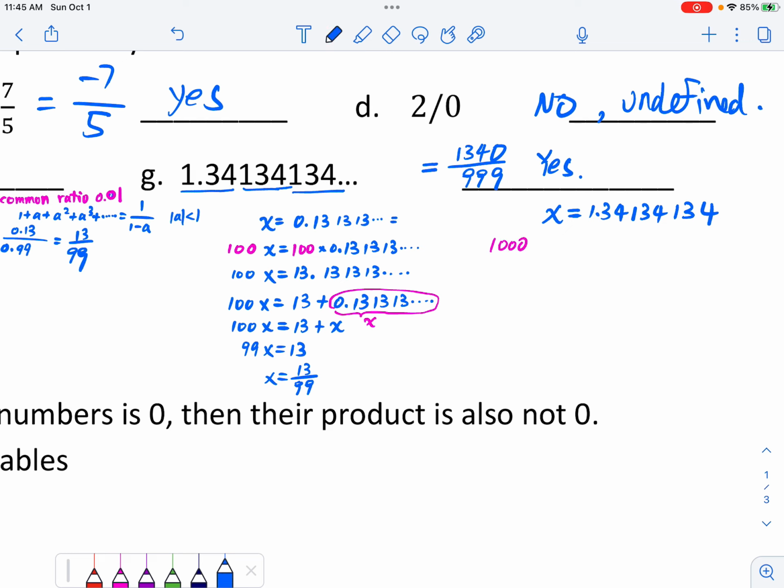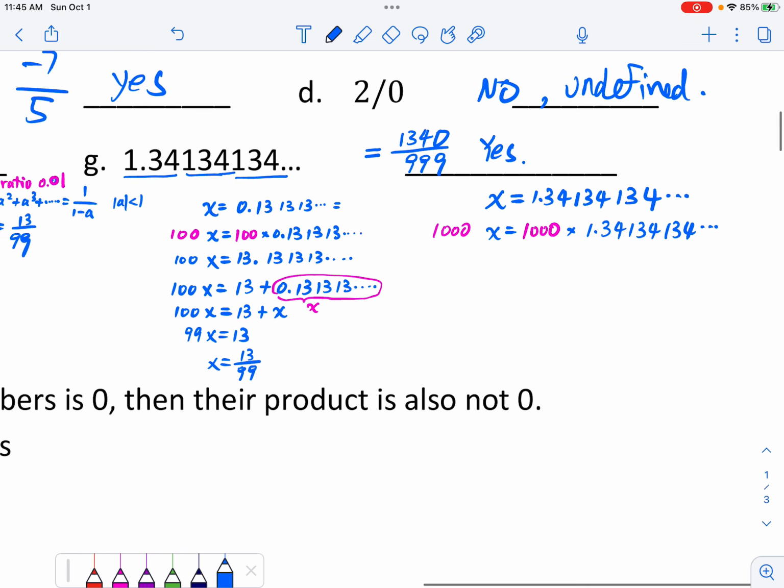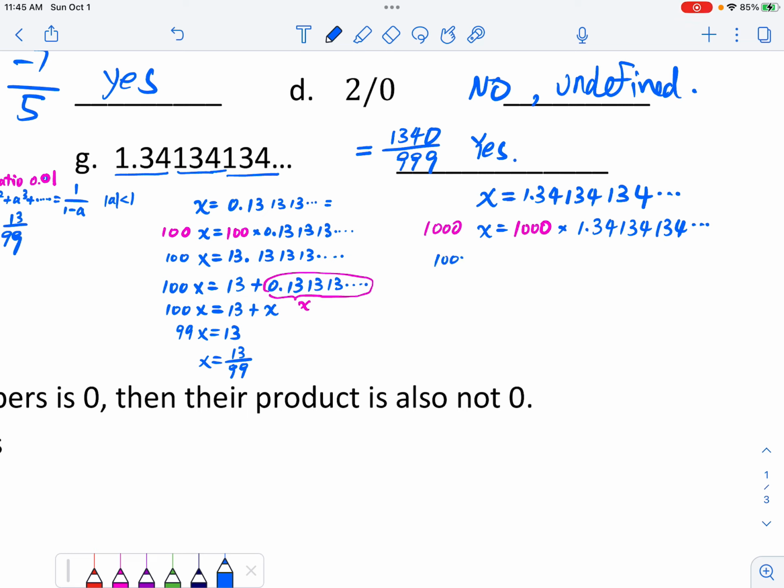So 1,000x equals 1,000 times 1.34134134 and so on. When multiplied by 1,000, I move the decimal 3 places to the right. So I have 1341.34134 and so on and so forth.